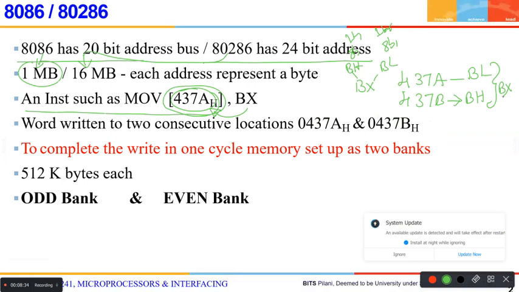See, to complete one write in one cycle, the memory has to be set up into 2 banks. Here, the entire memory will be divided into 2 banks, right? This particular memory address belongs to one bank.